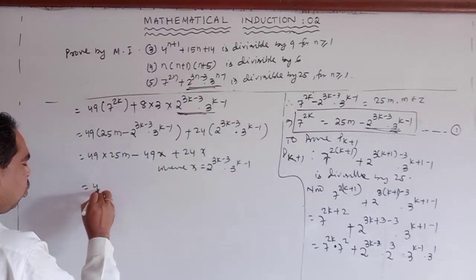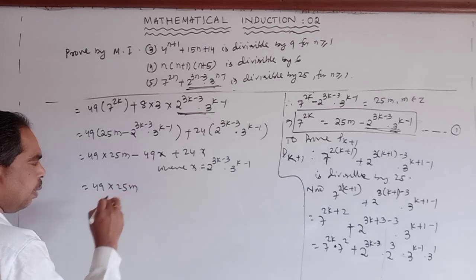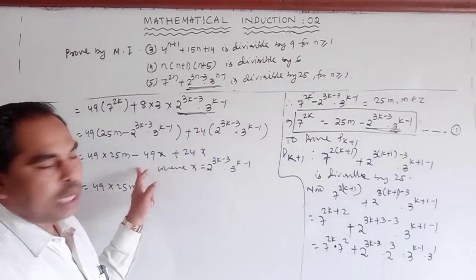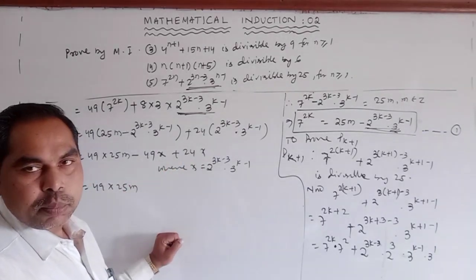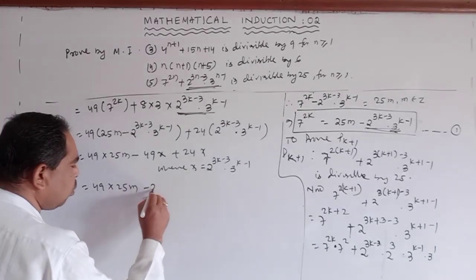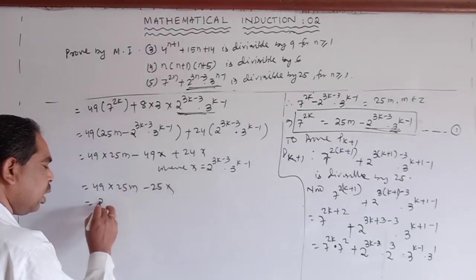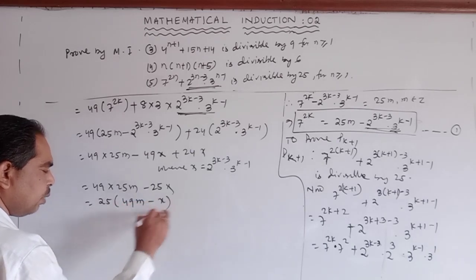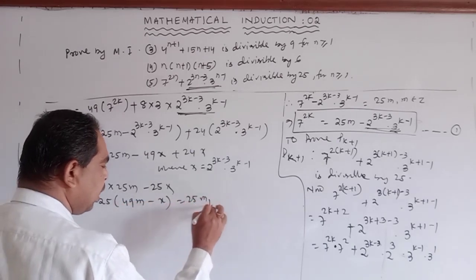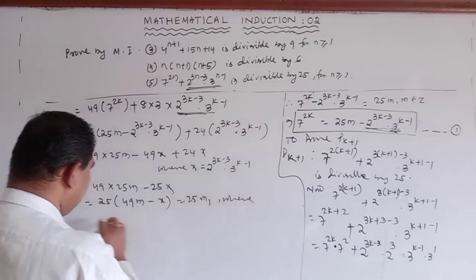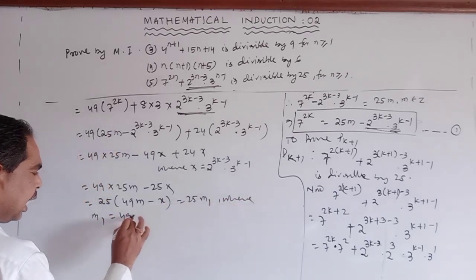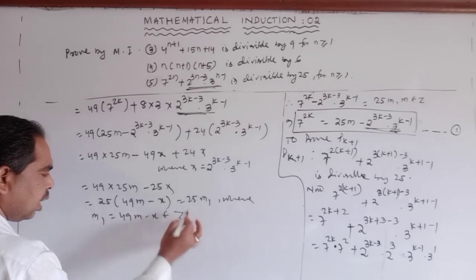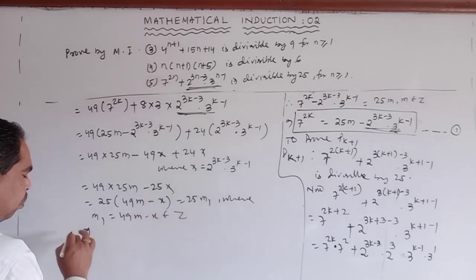So this is equal to 49 into 25m minus 49 plus 24, 49 minus 24 means 25, so minus 25x. Taking 25 as common, this is 49m minus x is equal to 25m1, where m1 is equal to 49m minus x, which belongs to the set of integers Z.